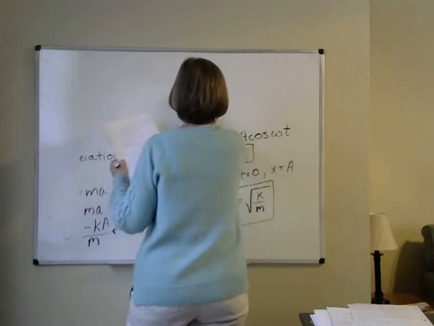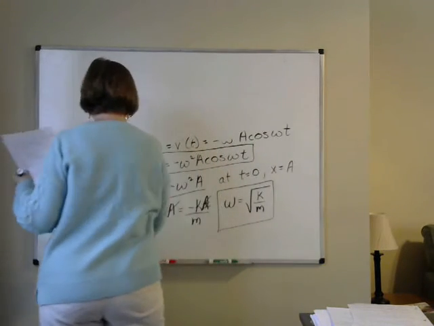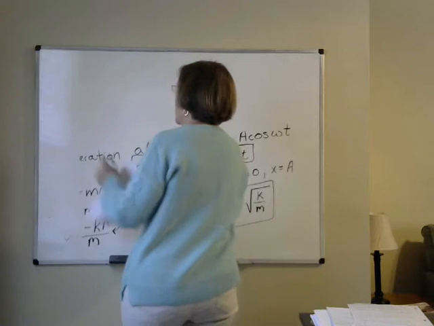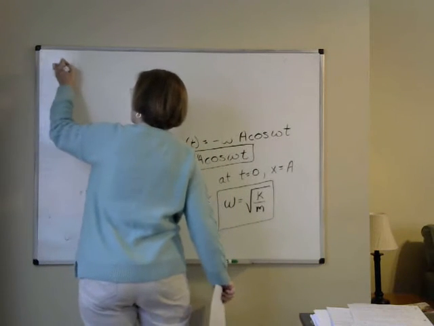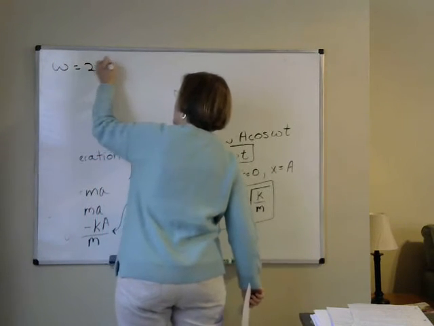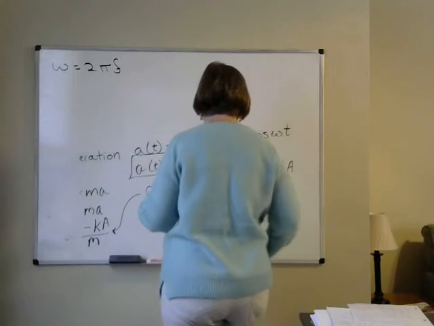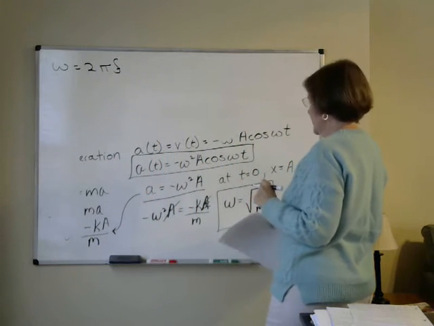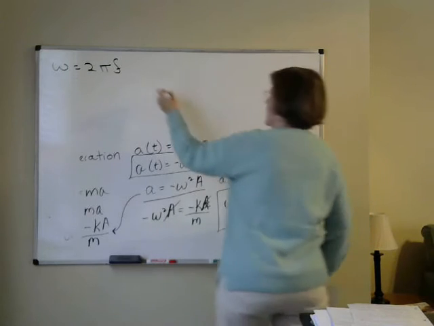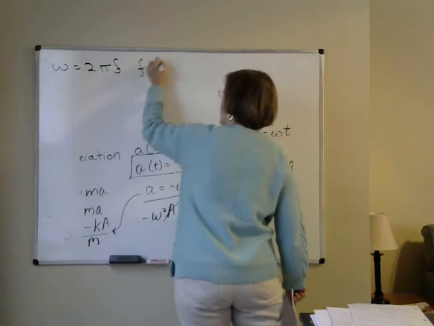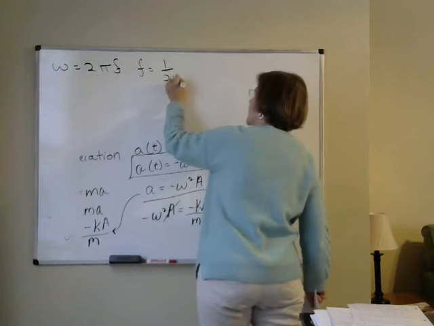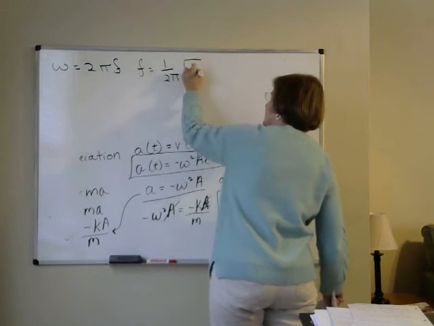I can get a couple more relationships than what I've already gotten. I know omega equals 2 pi f. So if omega is the square root of k over m, then f must equal 1 over 2 pi times the square root of k over m.